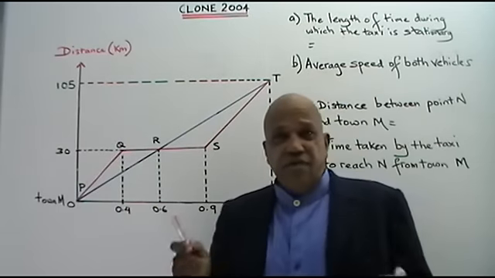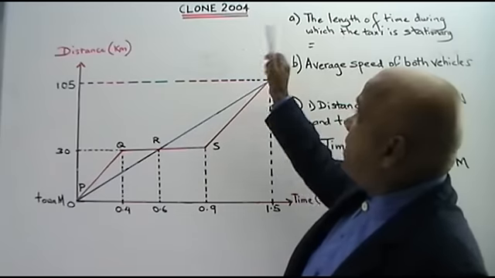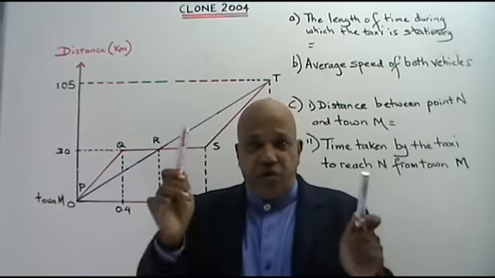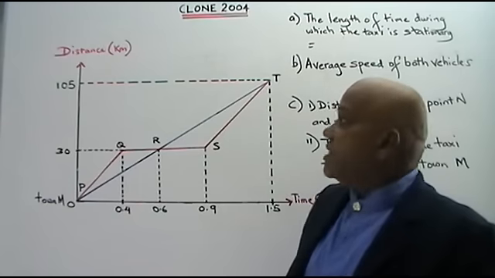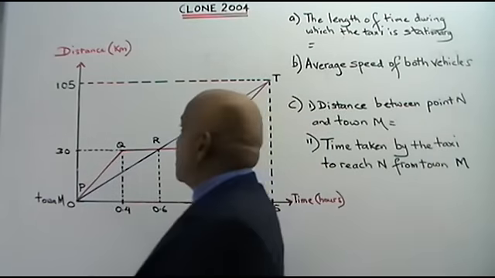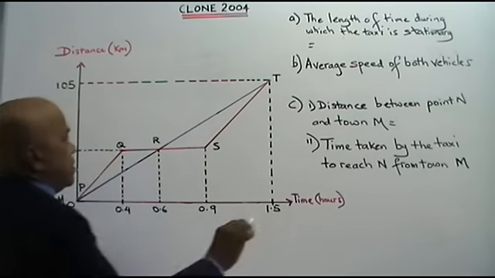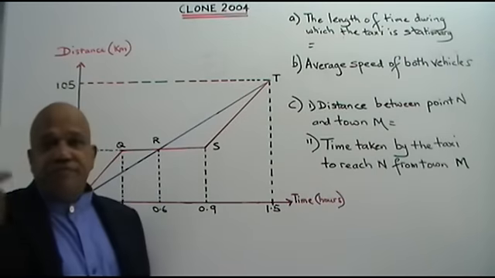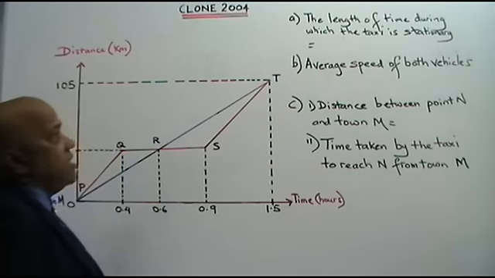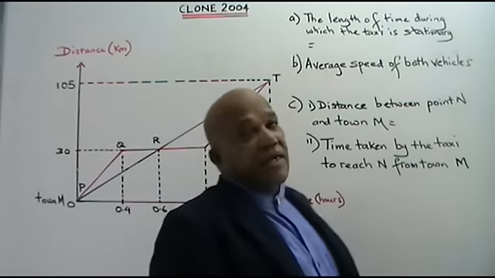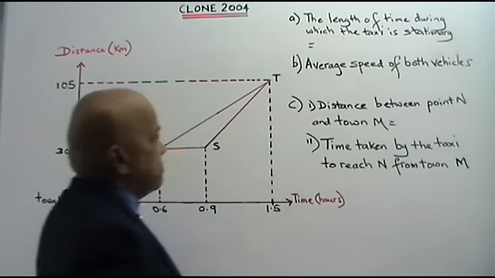Here I have for you a clone question based on the year 2004 SPM Paper 2 Section A. Okay. Here you are given the graphs of the journeys of two vehicles, that is a lorry and a taxi.